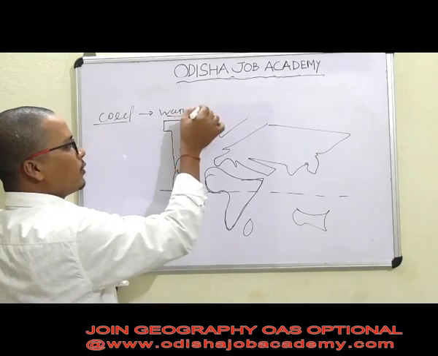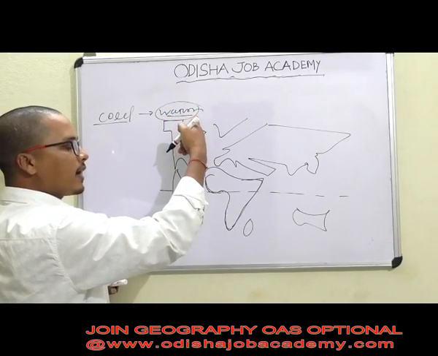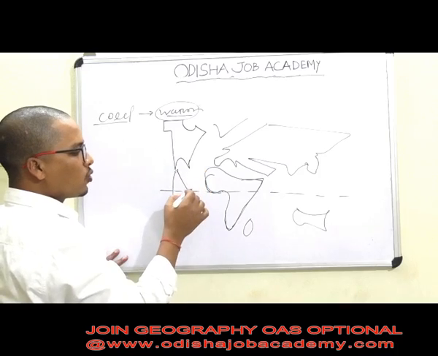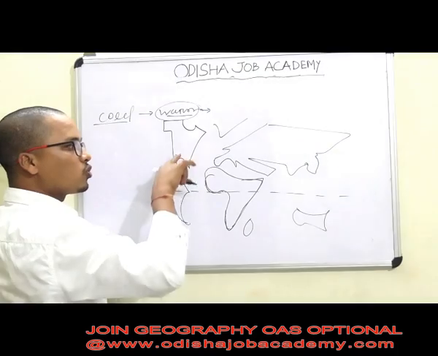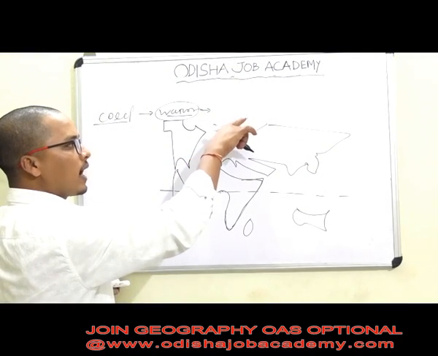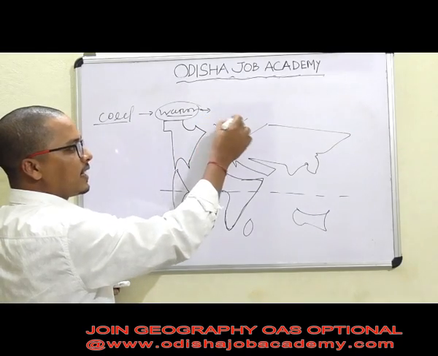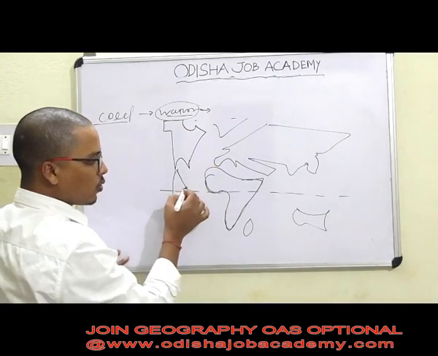Now always remember that a warm current always goes from low latitude to high latitude. These are the high latitude areas, and these are the low latitude areas.